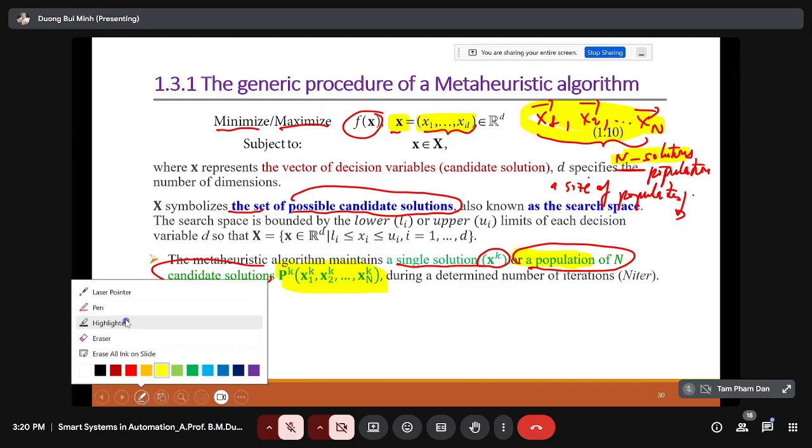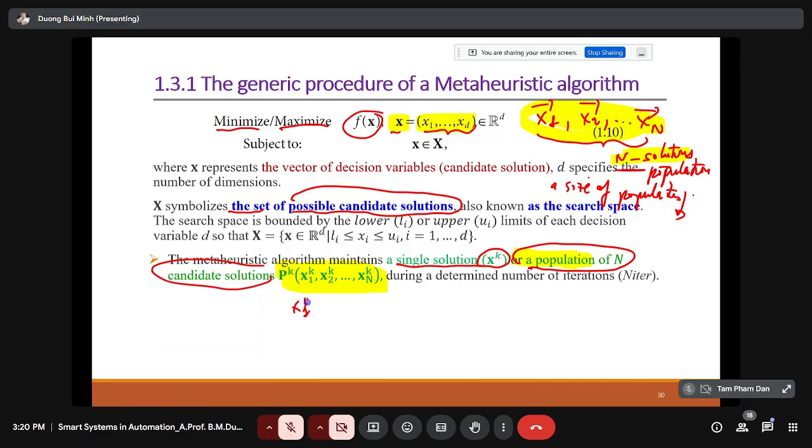Or you can write x1^k as x11^k, x12^k, and so on up to x1d^k. We have d dimensions for solution 1, solution 2, solution 3. If I use vectors, that implies the solution, not the element. Elements are normally written in italic.